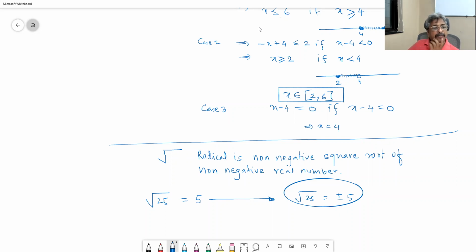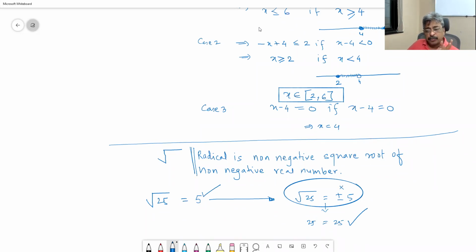Or is it plus 5 always? So what is the confusion? Because the moment we take one step here, squaring both sides, we get 25 is equal to 25, which is true. But then what is radical 25? By this definition, radical 25 is only 5, this answer is correct, the other answer is not correct.